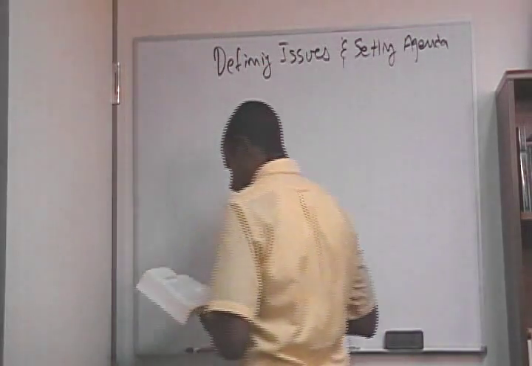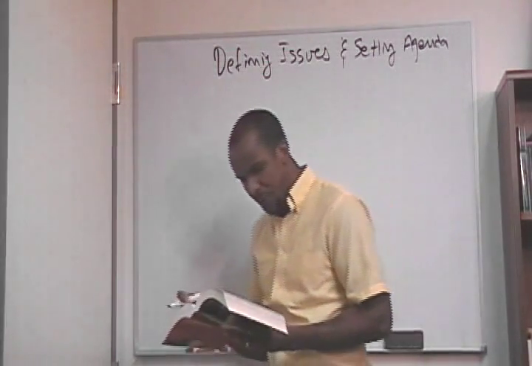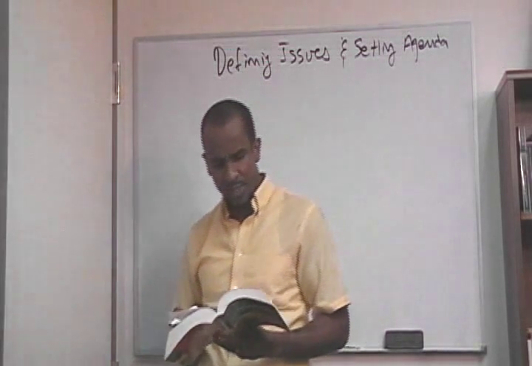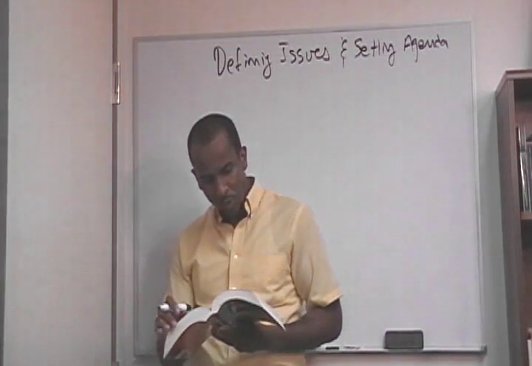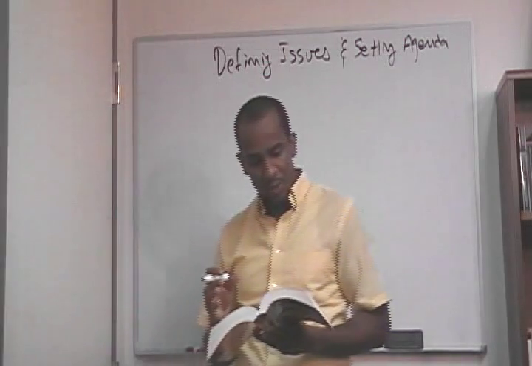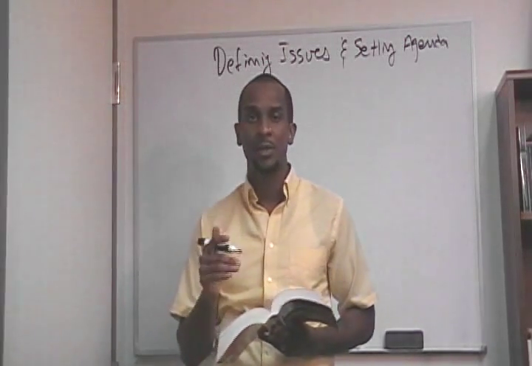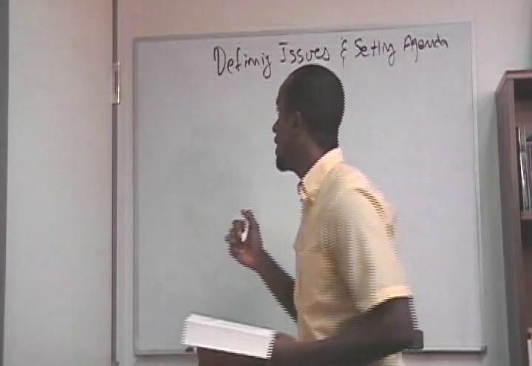Okay. All right, so the first thing that Moore discusses that's important are the three critical tasks negotiators and mediators must accomplish. So there's three critical tasks that mediators must accomplish.